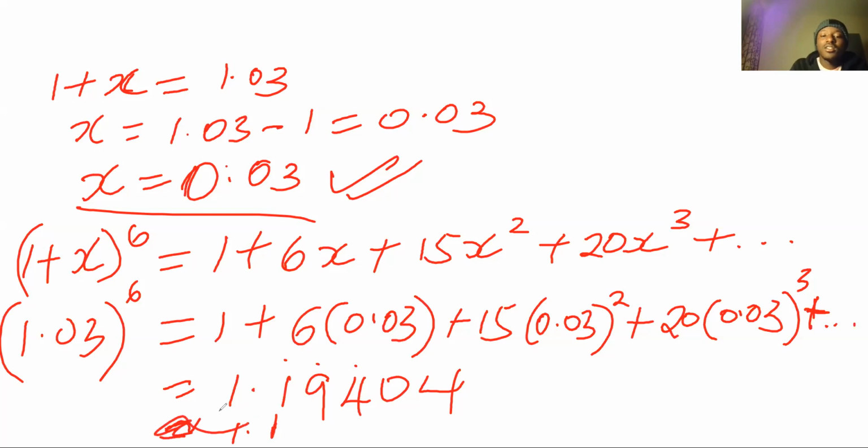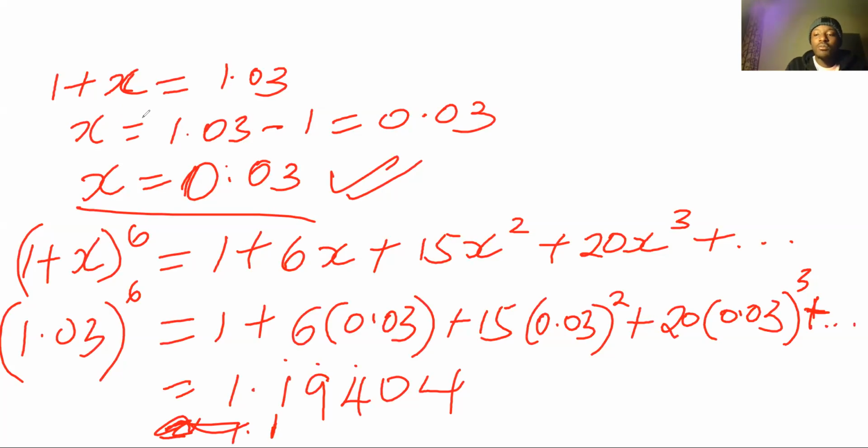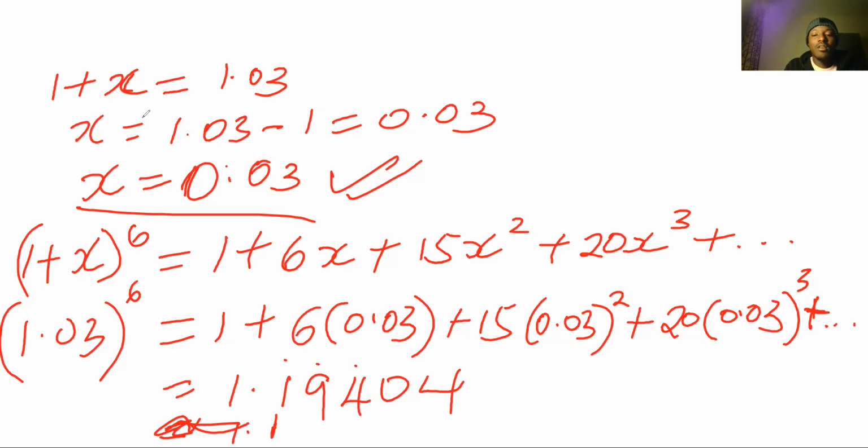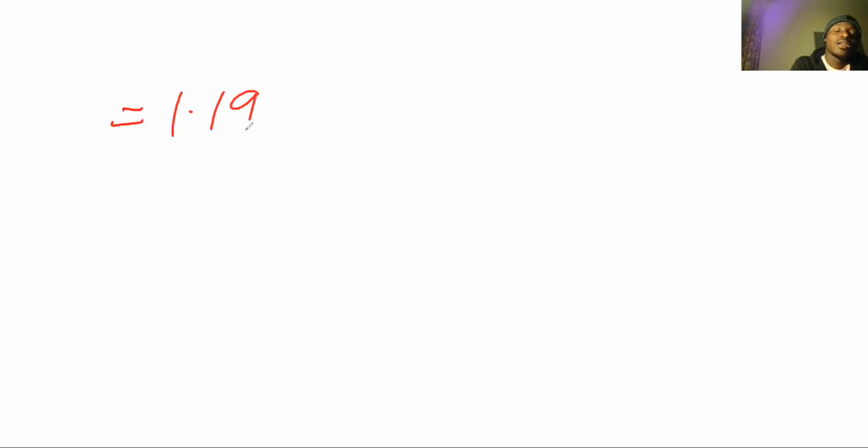Let me just write it in the next page. So that will be equal to, of course, it's now an approximation because the whole of this was an approximation, 1.194. 0 is less than 5, so you round down.